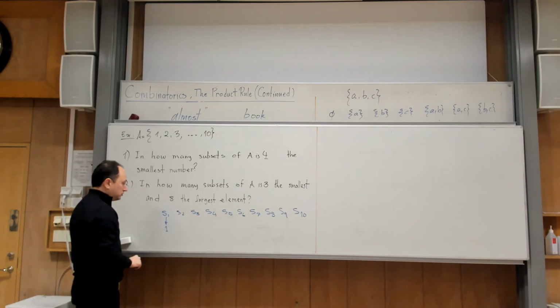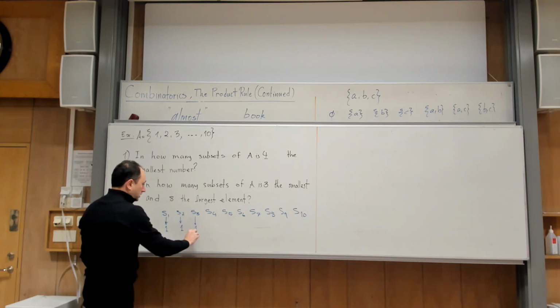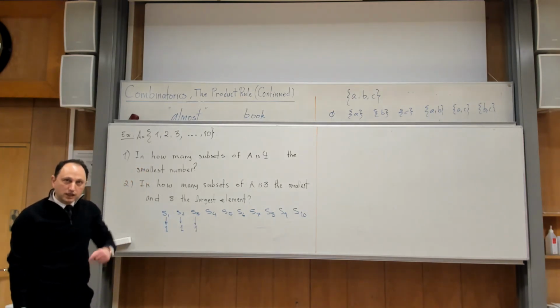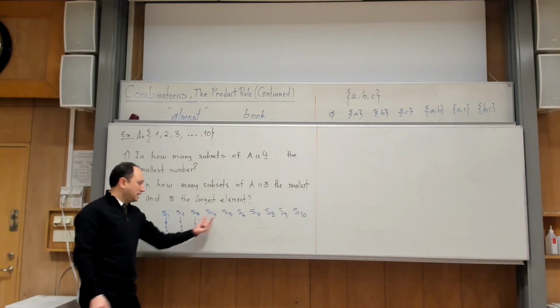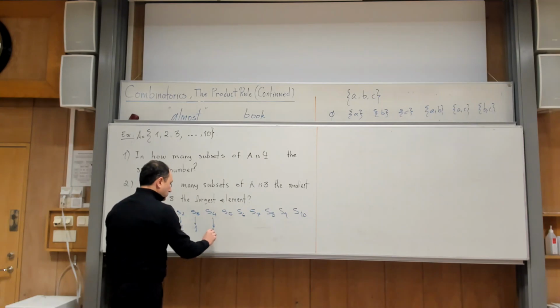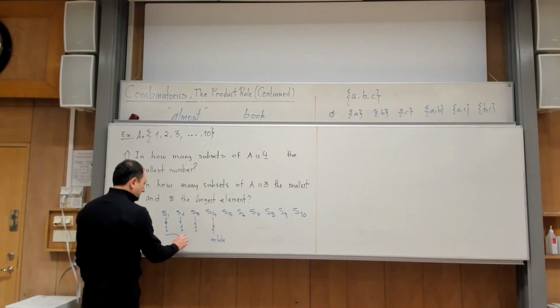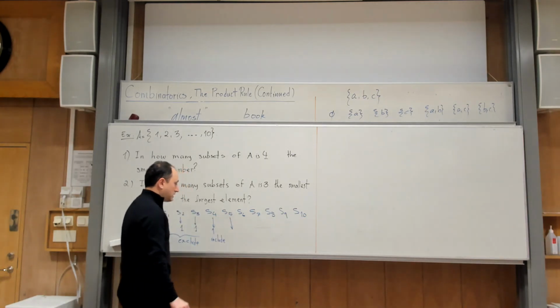What about 2? 1. What about 3? 1. What about 4? 1. But I have to include it. These ones mean exclude, but this one means include. But again, I don't have 2 options. I have 1 option available. So this is exclude. And then here, how many options do I have?